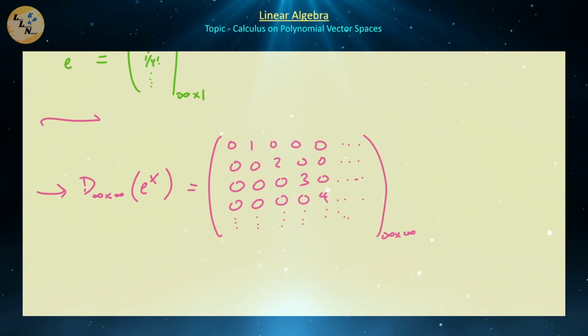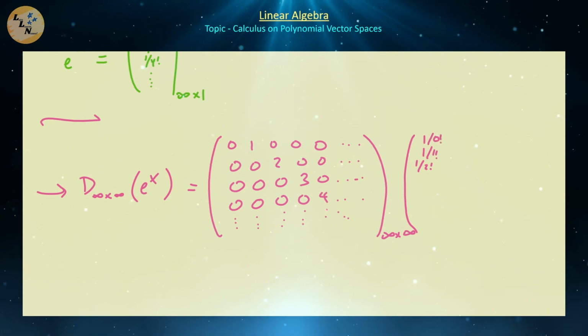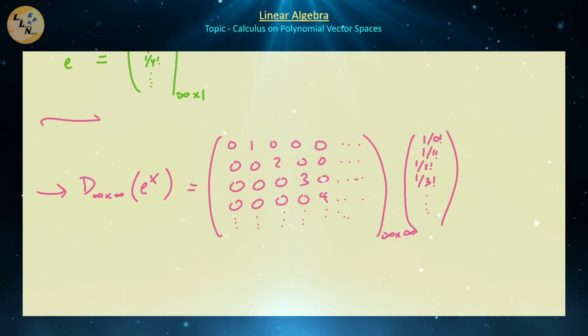Infinite number of rows, infinite number of columns, and then we're going to be multiplying that by 1, 1, 1 over 2 factorial. Technically that's 1 over 1 factorial and 1 over 0 factorial. And then we're going to have 1 over 3 factorial, and that's going to continue downwards. Now you should be able to multiply this matrix even though it looks a bit awkward, right?